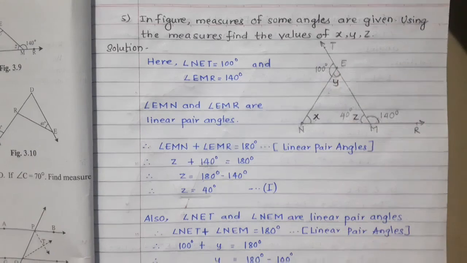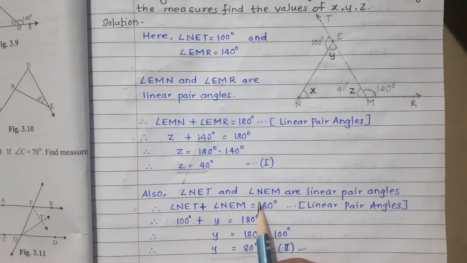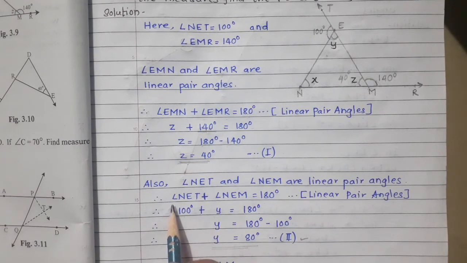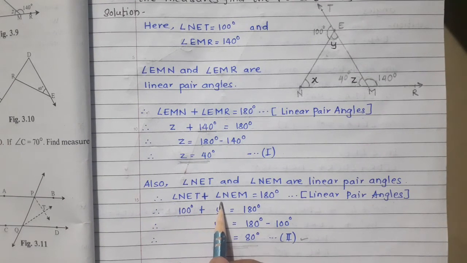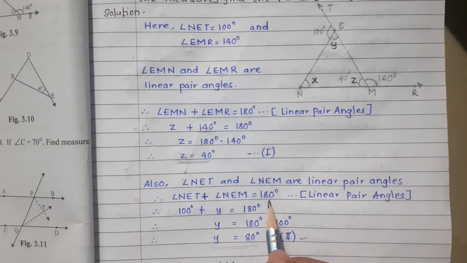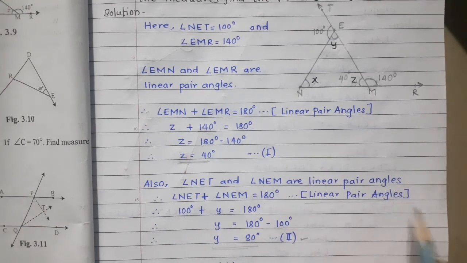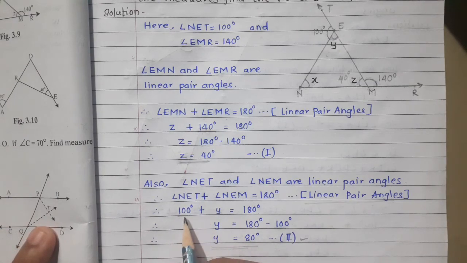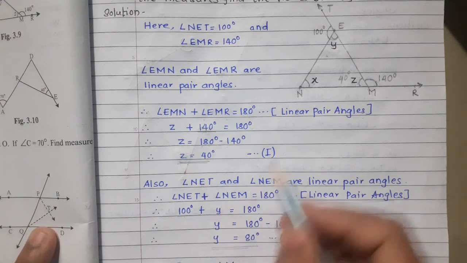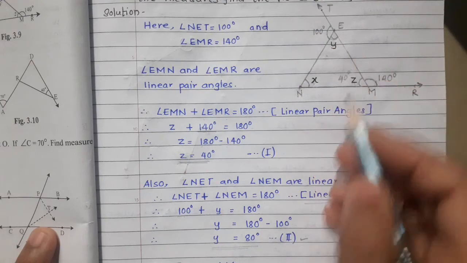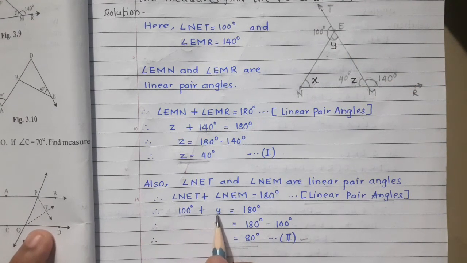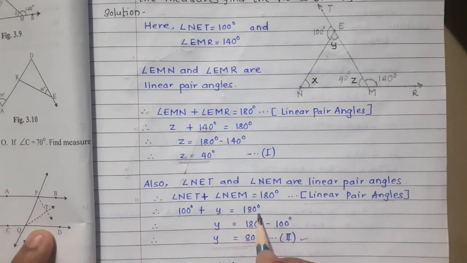Therefore, we can write angle NET plus angle NEM is equal to 180 degrees. Reason is linear pair angles. Angle NET is 100 degrees and angle NEM is Y. So putting in these values, we have 100 degrees plus Y is equal to 180 degrees.